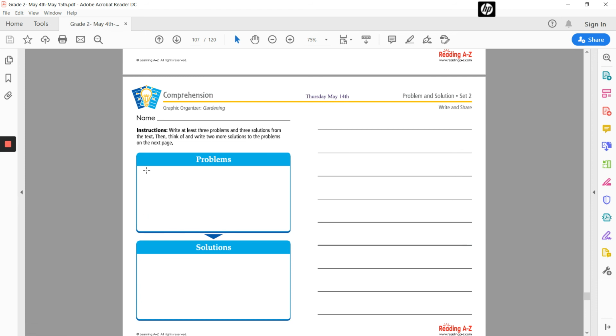So up top, write number 1 and describe 1 problem. On the bottom, write number 1 and describe the solution to that problem. Then go ahead and do the same for number 2 and 3. So you have 3 problems and 3 solutions. Then think of 2 more solutions to the problems and write them over here on this page. Go ahead and pause the video to finish this work, then come back and I'll give you the directions for the next page.